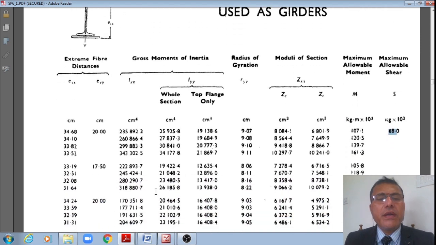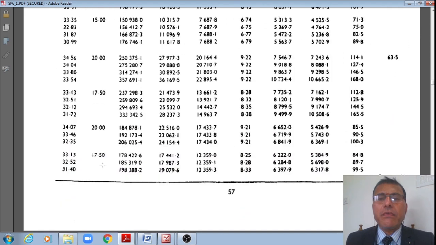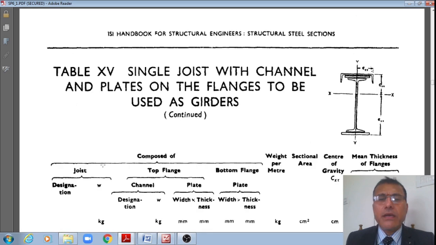That is how for different other sections you can refer back to this table, students, right?